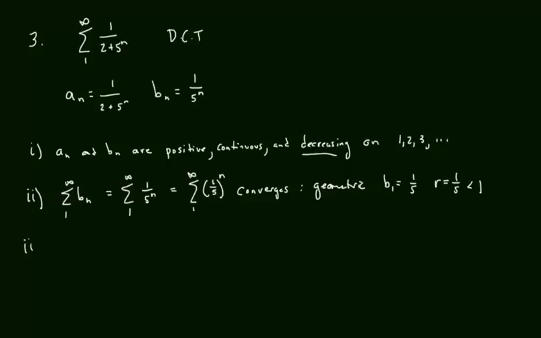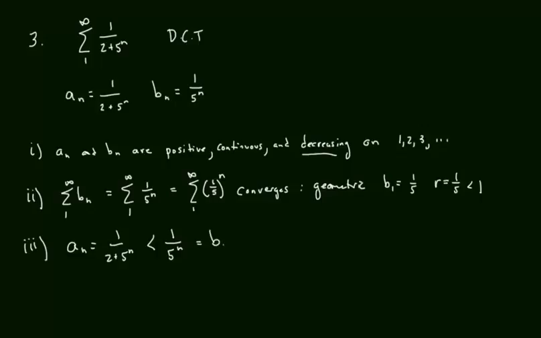Step 3, do you recall what to do here for the direct comparison test? We want to say an, which is this, we want to show that it's always less than or equal to the bn, 1 over 5 to the n.